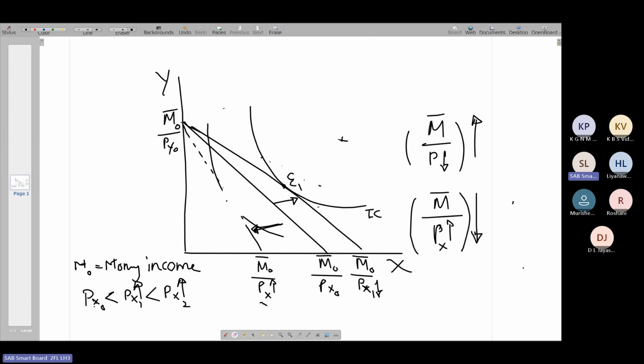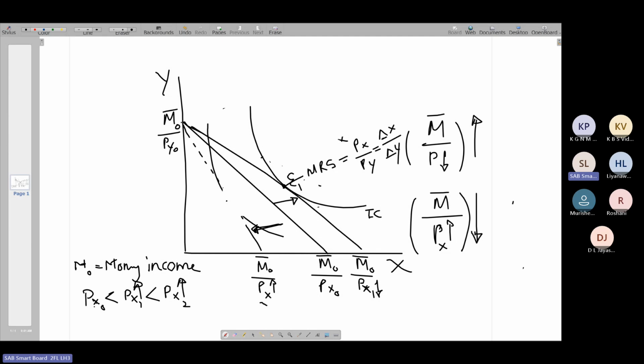At that point, what happened? The marginal rate of substitution, MRS, which is the slope of the indifference curve, equals the price ratio, PX over PY. That can be explained as delta X over delta Y as well.